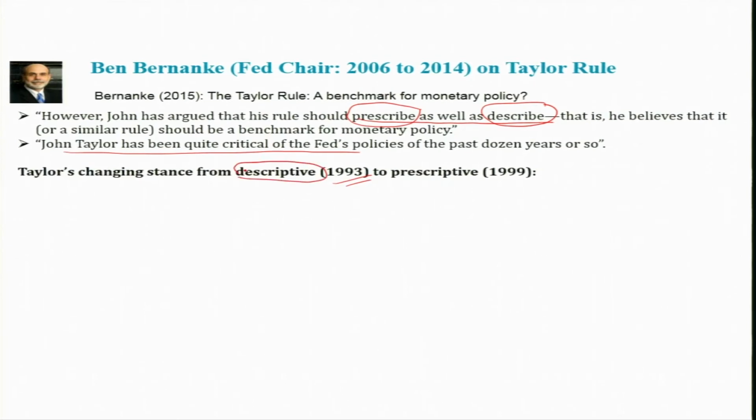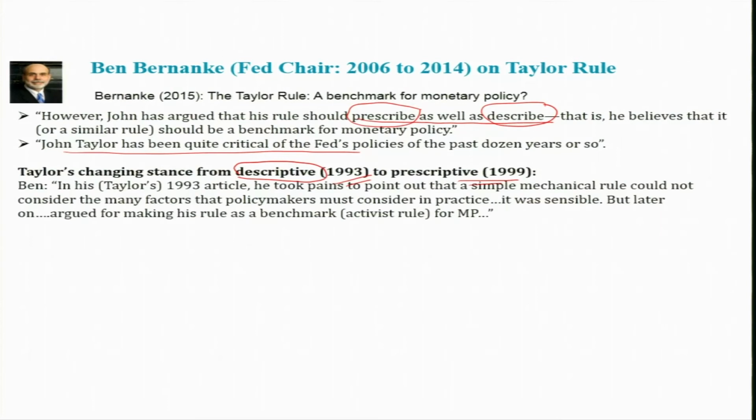It was very helpful to understand the complex nature of monetary policy by this tool. It made things much easier. However, later on John Taylor, according to Ben, began to make this tool not just descriptive but also a prescriptive tool.